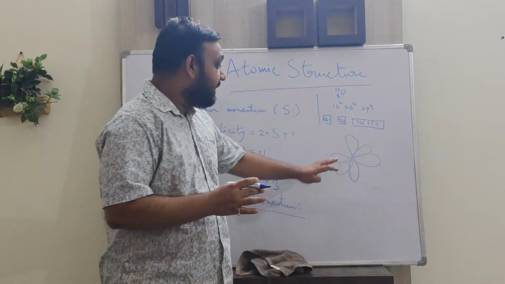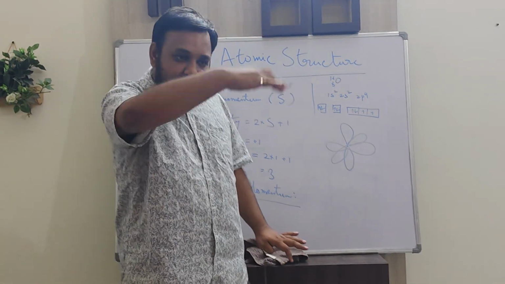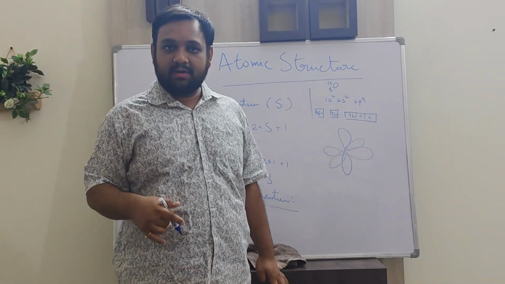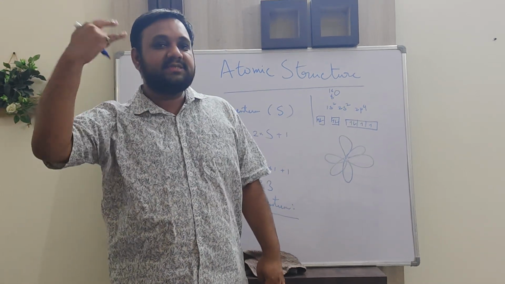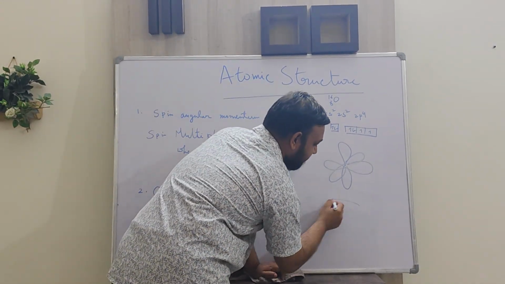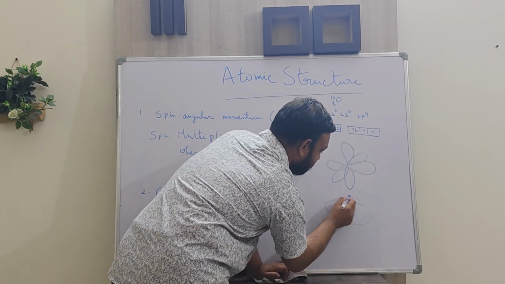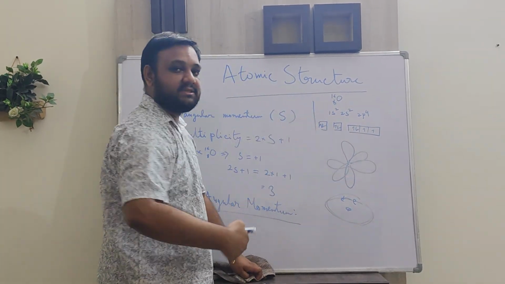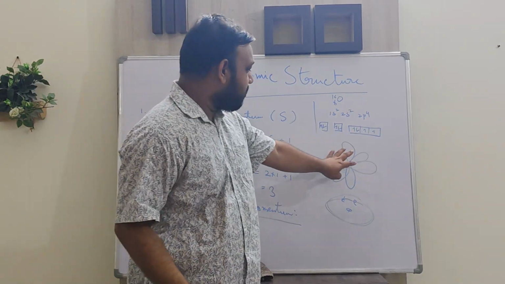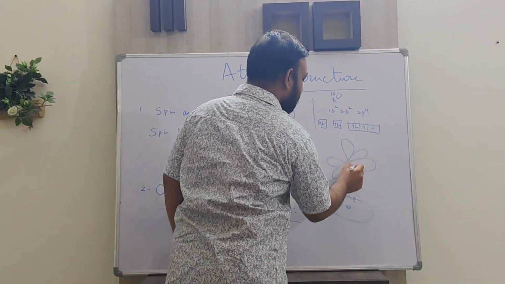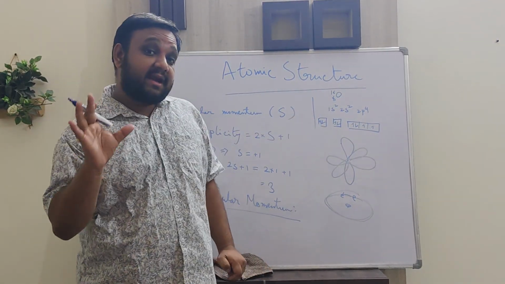actually electrons are spinning in that orbital somehow. In Bohr's model it is easier to visualize. If you think of a nucleus and an electron moving, the electron can create an angular momentum because a charge is moving. Similarly, in the p orbital also, electrons are somehow moving in that orbital and creating an angular momentum.